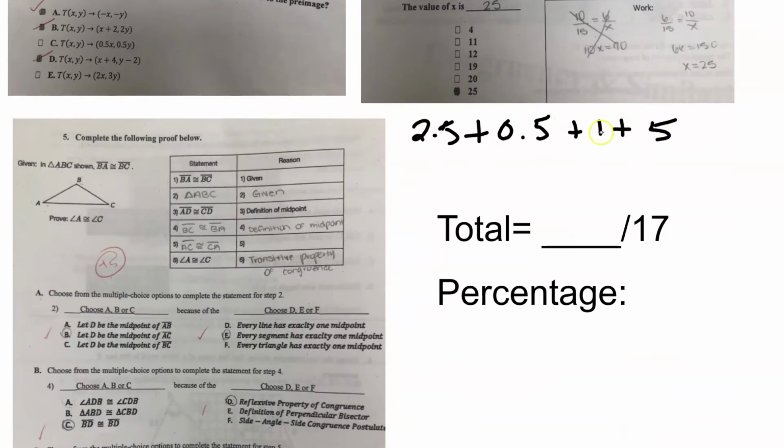So it looks like they got a total of 9 points. So they got 9 out of 17. So what do we do now? Do 9 divided by 17 times 100. This person got a 52.9%.